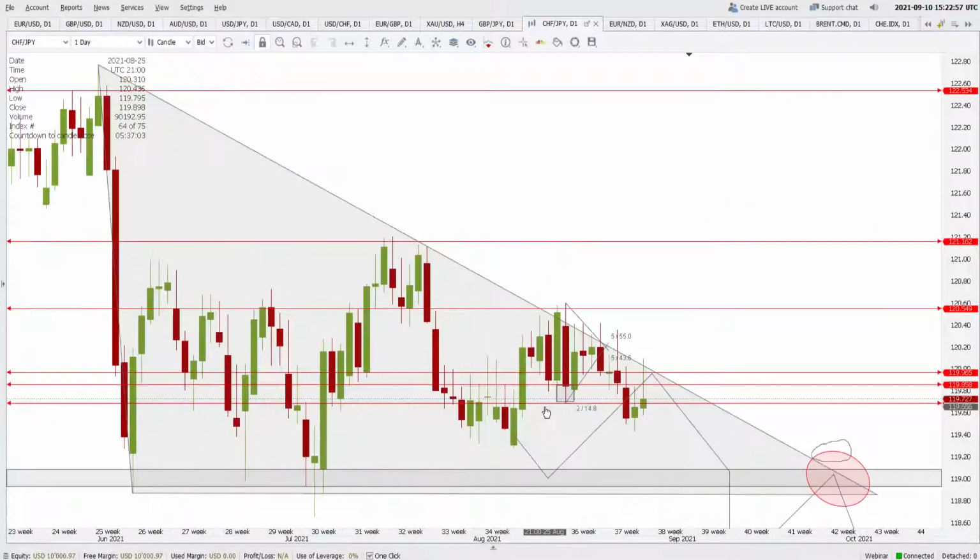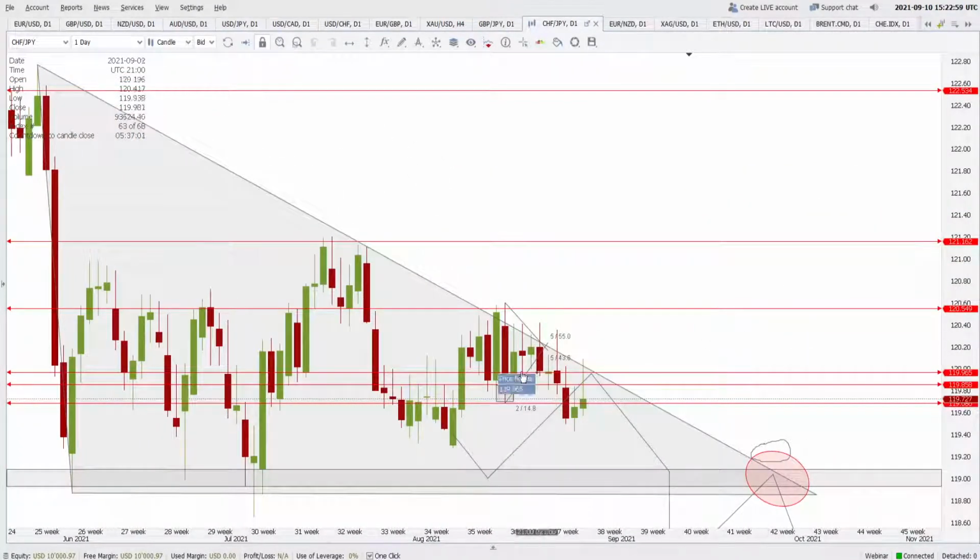So CHFJPY, as of now, is behaving superbly in the same manner as expected. It is moving within that triangle which we had created, and just met the resistance today once again with this falling trend line, making an intraday high at around 120.09 and an intraday low at around 119.57.